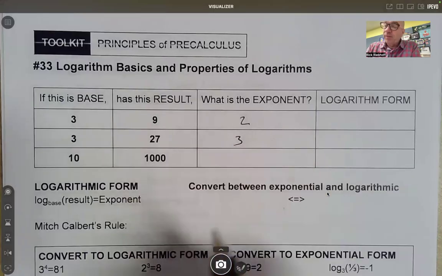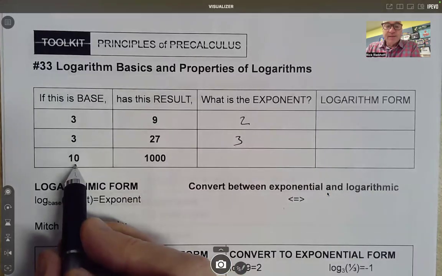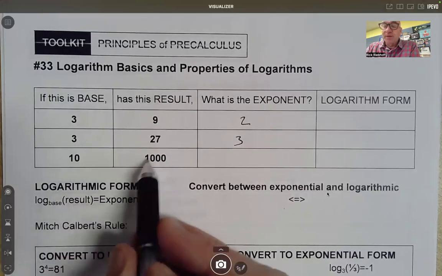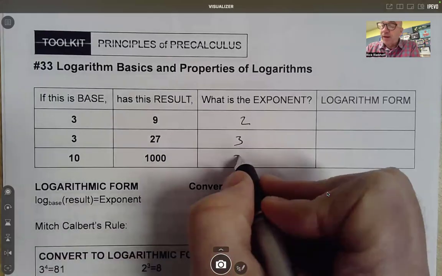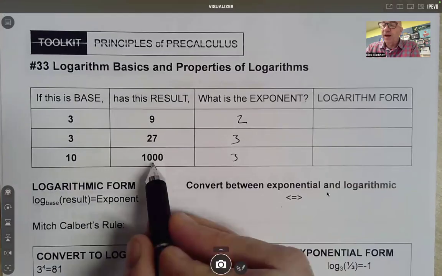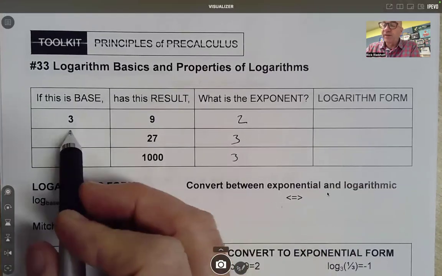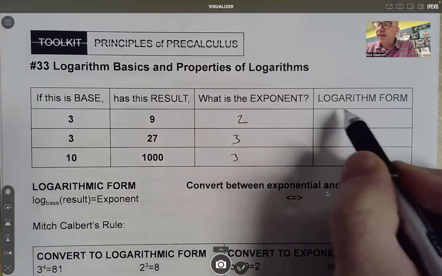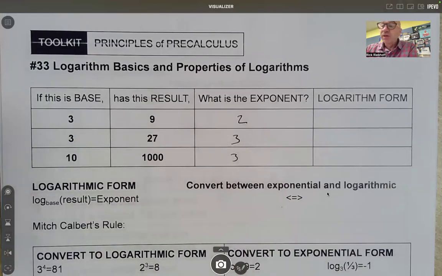It has to be a 3, right? Base 10 with the result 1,000: the exponent had to be 3, because 10 to the third power is 1,000. 3 cubed is 27. 3 squared is 9. We know this, right? What we just did is a bunch of logarithms.